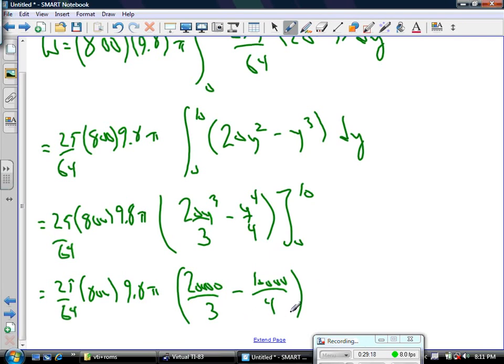What's the common denominator? 12. So multiply top and bottom by 4, you get 80,000. Top and bottom by 3, you get 30,000. 80,000 minus 30,000 is 50,000 twelfths. So you end up with 25/64 times 800 times 9.8 pi times 50,000 twelfths, and you can reduce and stuff. That's good enough. What are the units? Newton meters or joules, yeah. Newton meters or joules, if you like.